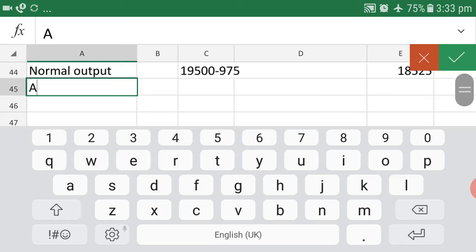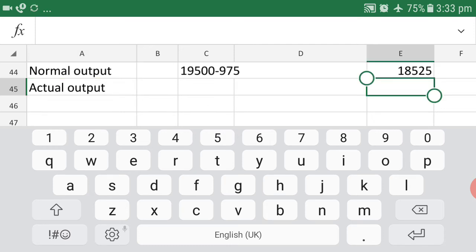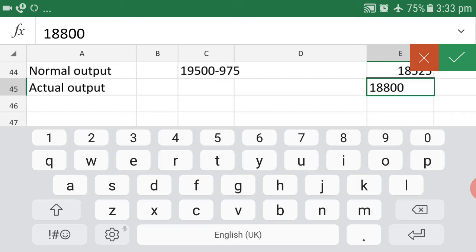Let's calculate the actual output. Actual output is 18,800, as shown in our question. The output of the second process is given as 18,800 units.